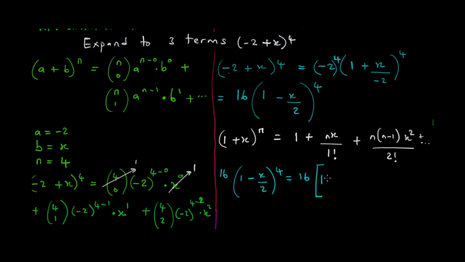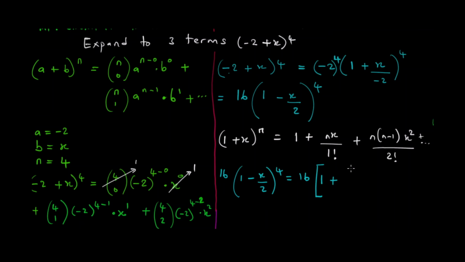So here we have 1, and our x is now minus x over 2, and our n is 4. Our n is 4 because it is the power.